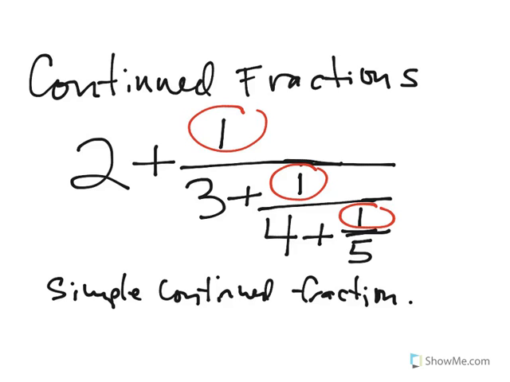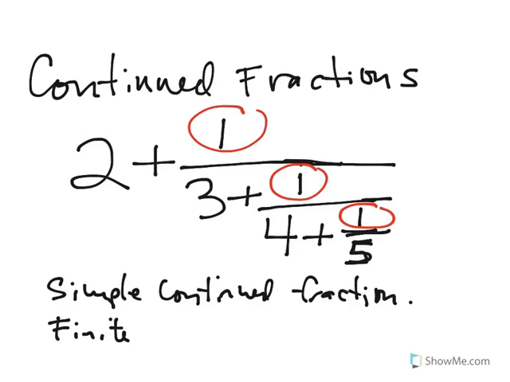And if the continued fraction ends, like at this point, where the final denominator is just an integer, then it's finite. So this is a finite, simple continued fraction. Finite because the last denominator has no fraction in it, and simple because all the numerators are ones.